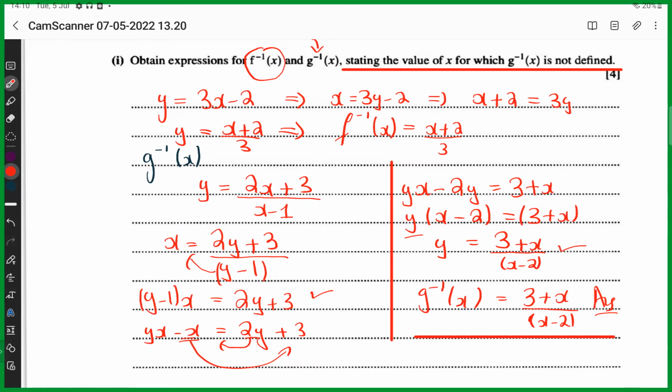2. Very good. Excellent. Okay. So it would be x equals 2, and this means that we cannot have x equals 2 because this would give you an error. So stating the value of x for which g inverse of x is not defined, that value would be x equals 2.